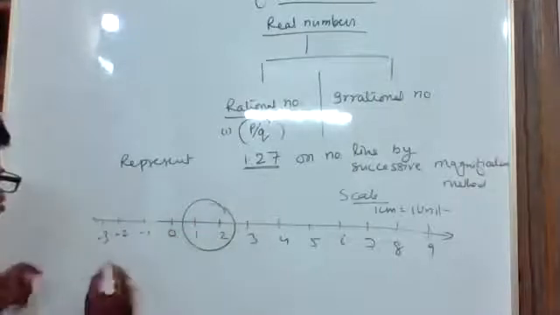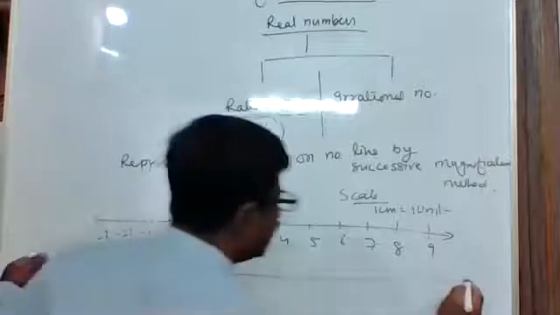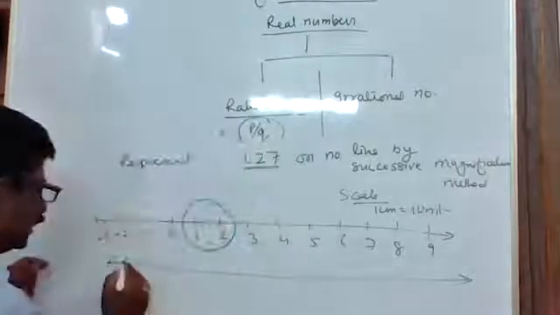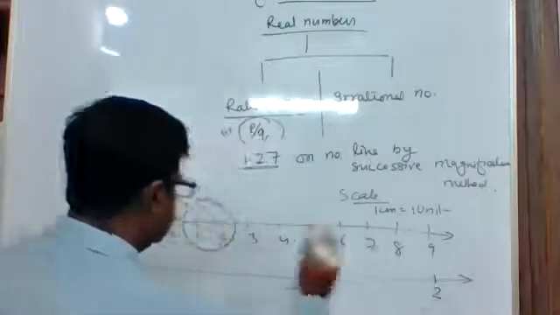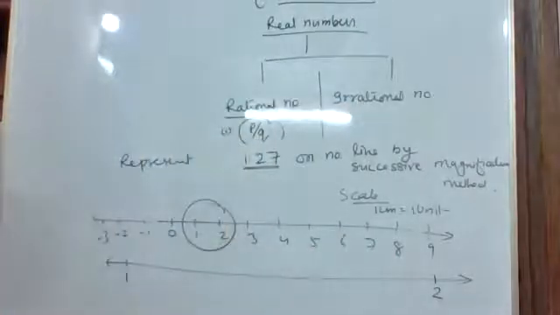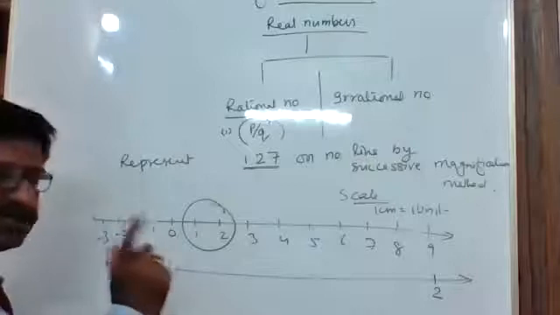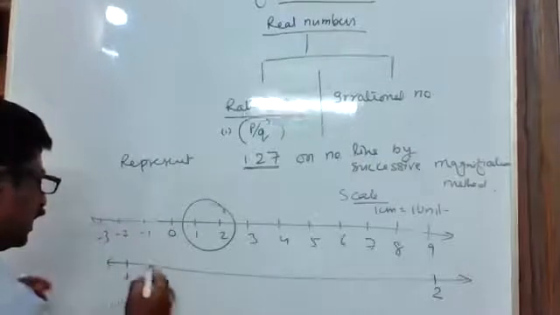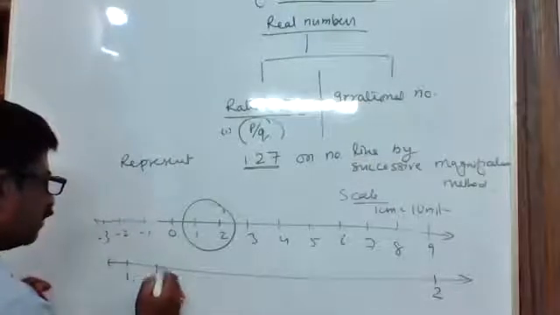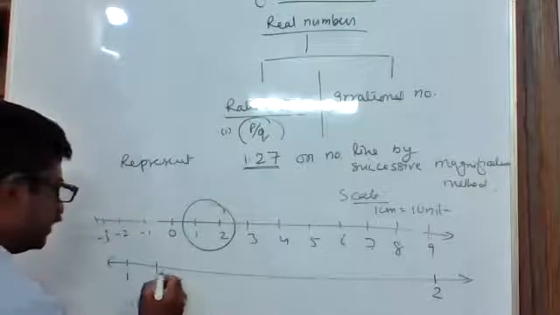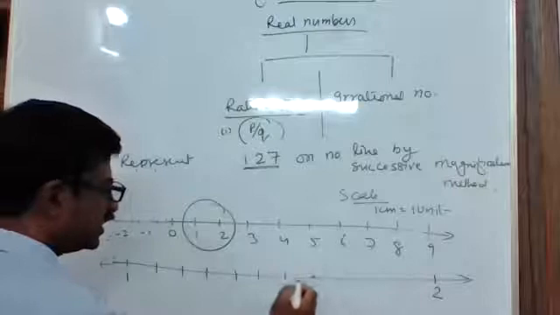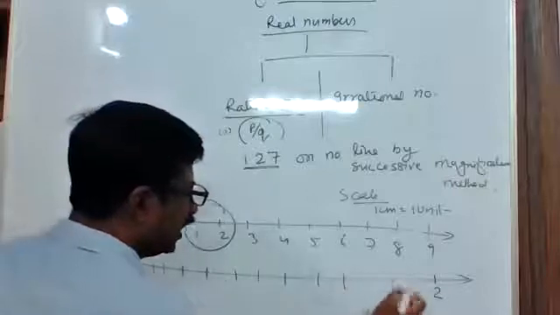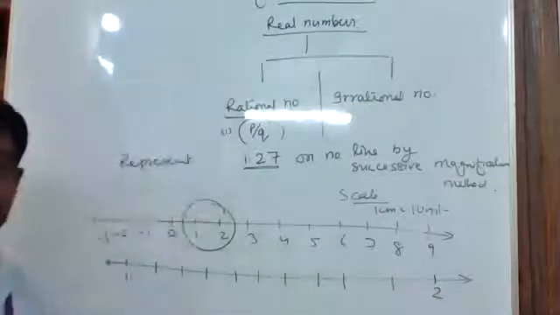Now, in what way will it be visible? Again, we are increasing it. This is 1 and this is 2, at equal distances. It should be at equal distance to make sure. Again, we draw 10 lines. This is 1, 2, 3, 4, 5, 6, 7, 8, 9, and the last one is 2.